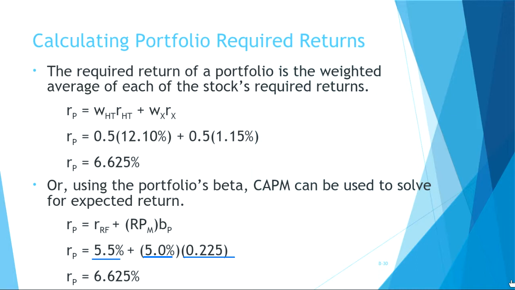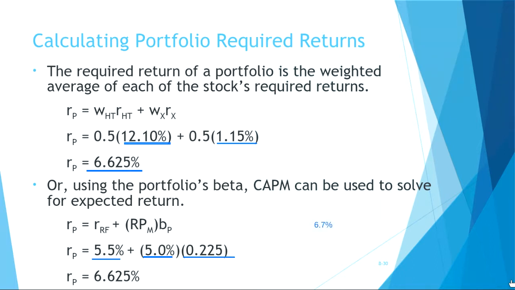Again, we know that the required return of this portfolio is 12.10 and 1.55 for the company X and a high-tech company. So the average is again 6.62. You remember the expected return for this portfolio is 6.7. We calculated it the last time.